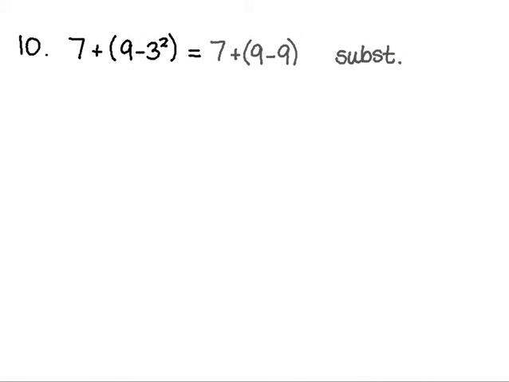Okay, so that's my very first step. Now what I'm going to do, what's my next step going to be? 7 plus 0. How do I know that 9 minus 9 is 0? Additive identity.